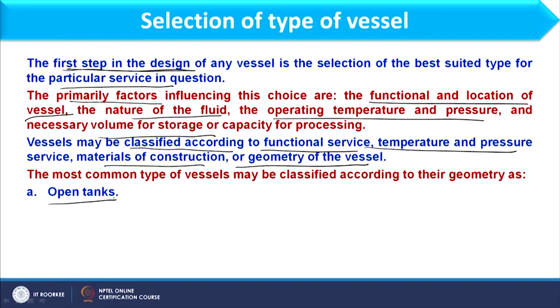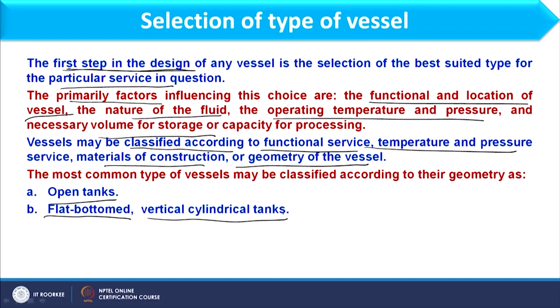Open tank, you understand, when something I have kept without covering it, that we can consider as open tank. Next I am having the flat bottomed vertical cylindrical vessel. Okay. So, I am having a vertical cylindrical vessel, and at both ends we are providing a flat head. Okay.